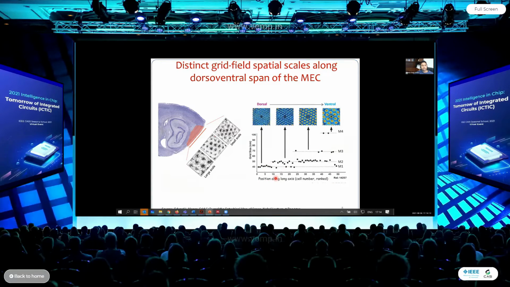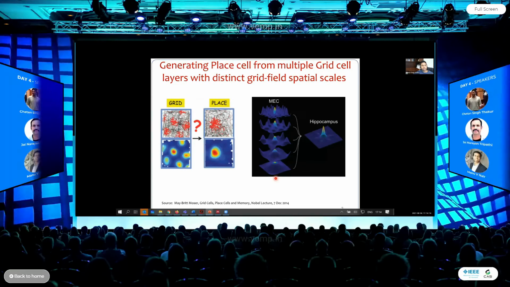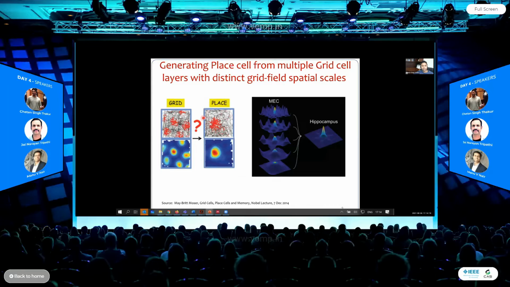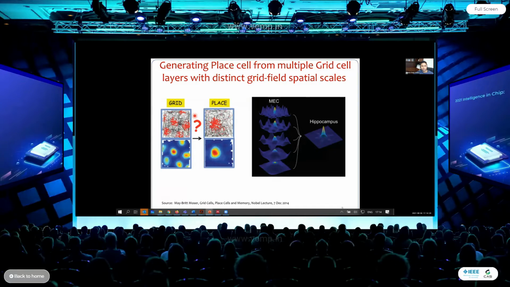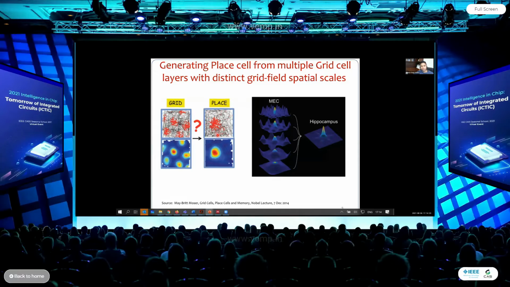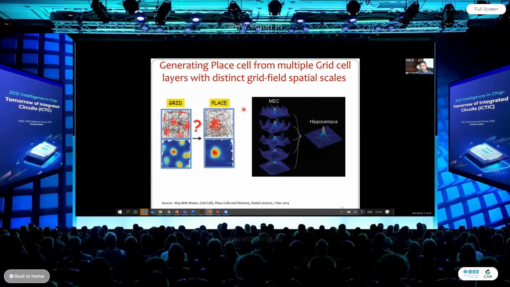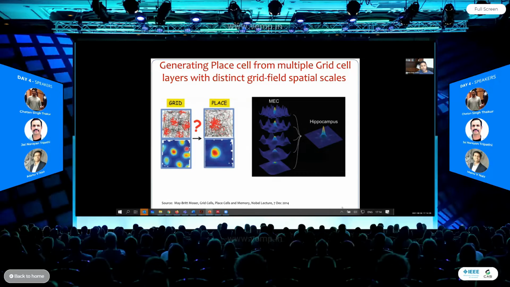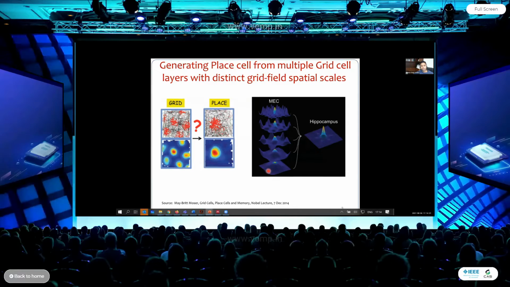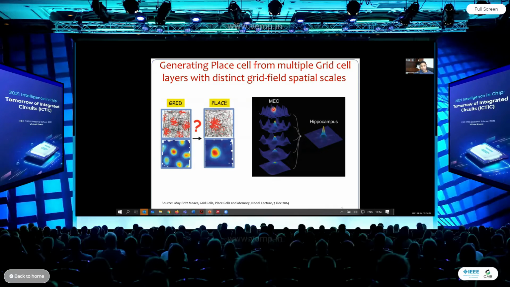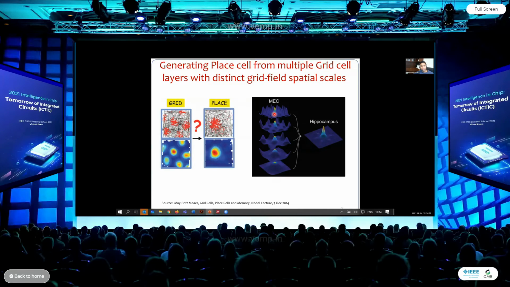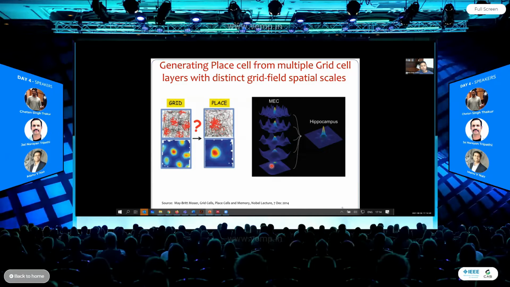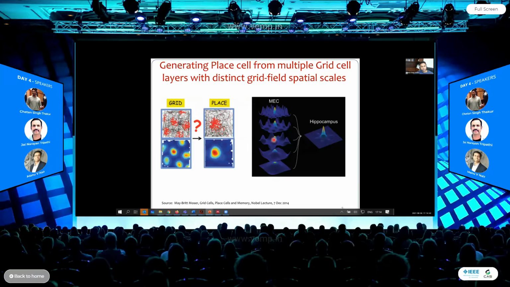So similar, and now next is how these place cells and grid cells combine together and contribute to spatial navigation. It is thought that the place field, which is here, in the hippocampus, could be generated by summation of inputs from the grid cells over a range of different spatial scales. So you can see this is the dorsoventral structure or scale, and here in the medial entorhinal cortex, you have multiple scales of the grid cells, right?